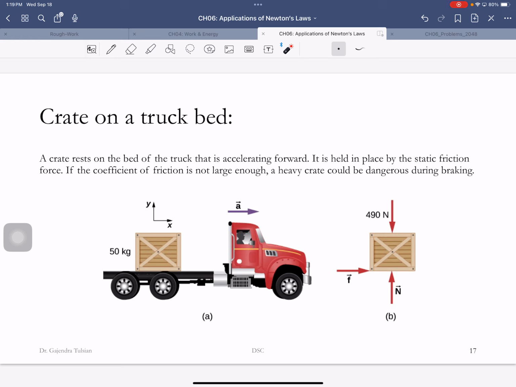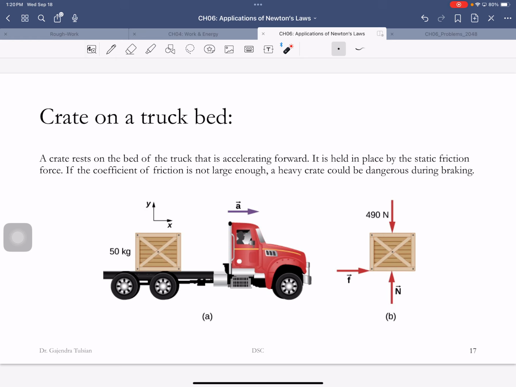All right, here's an interesting problem and a serious problem. Again, you have to remember that you apply Newton's laws to every object. If you want to look at the motion of object A, then you apply Newton's laws to object A. If you want to look at the motion of object B, then you apply Newton's laws to object B. Here's a truck that is accelerating.